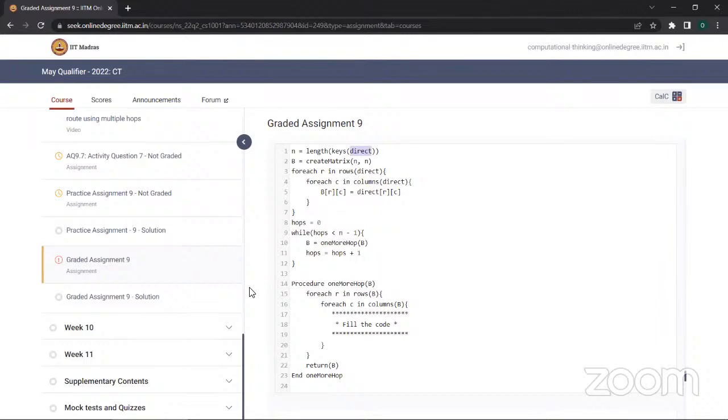Sir, you have actually discussed previously that direct is a symmetric matrix. Yes. But actually I assumed a case where it's not.